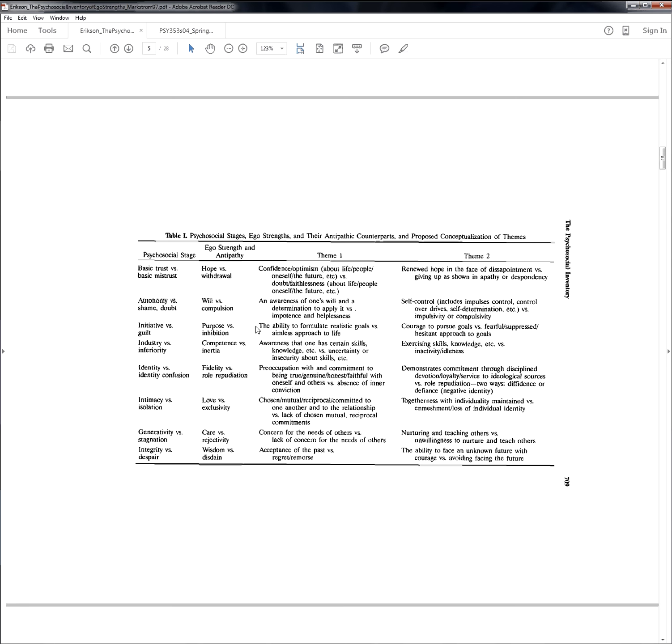Furthermore, every ego strength is looked at as two themes, meaning two facets or two aspects of the ego strength that together give the most complete conceptualization of it.